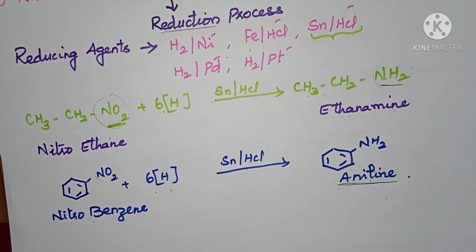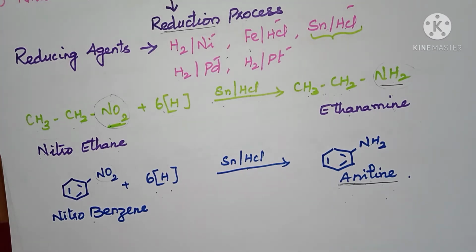It's very simple. How does a nitro compound change to amine? It just undergoes a reduction process. In a nitro compound only NO2 changes to NH2. It will not affect the number of carbons, and it will not matter whether it is aliphatic or aromatic. The same number of carbons will come into the product side.